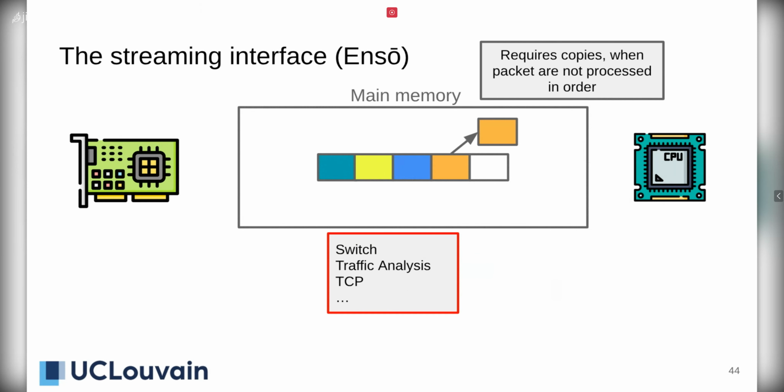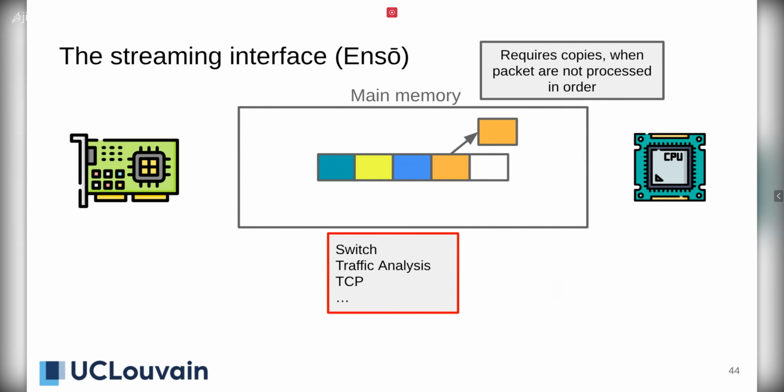But let's say that now you want to do some application which doesn't process the packets in the order they're received. So imagine that you have a switch, or let's say that you want to do traffic analysis where you need to reconstruct some streams, or you simply run a TCP stack because your application runs on top of TCP.